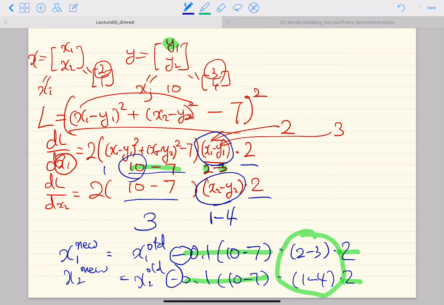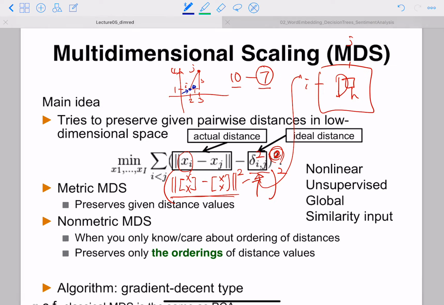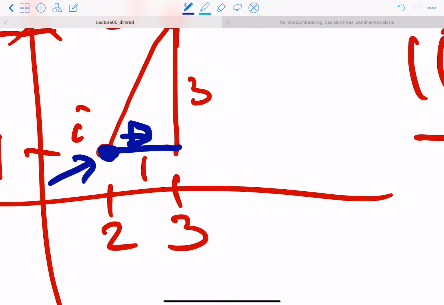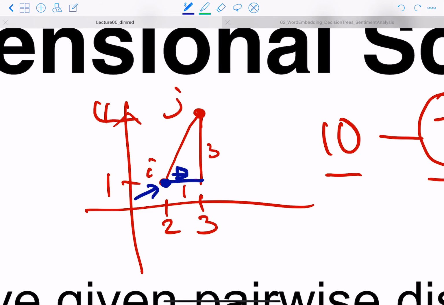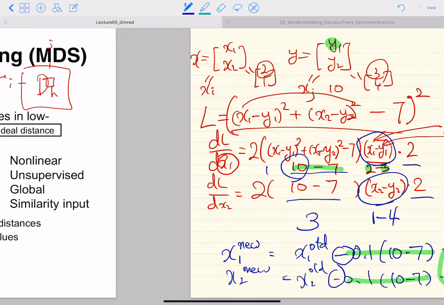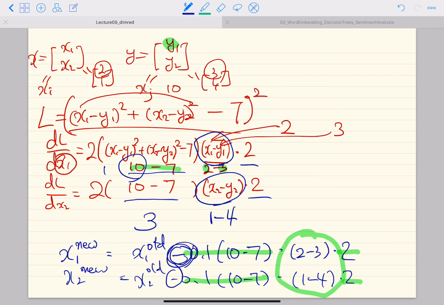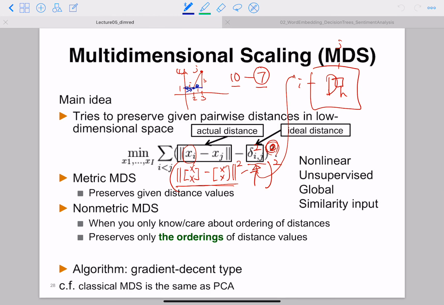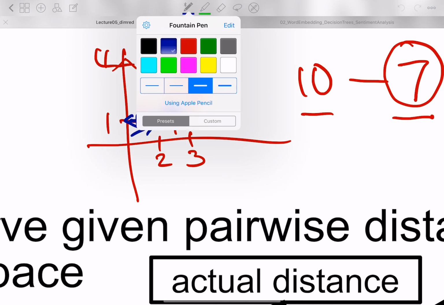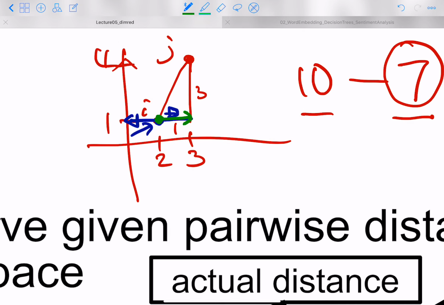Then 2 minus 3 is this vector, right? But we have a negative sign over here, and so we have this vector, 3 minus 2 and 1 minus 4, and its negation is like this vector. So this is the gradient corresponding to the x direction, and this is the gradient to the y direction.